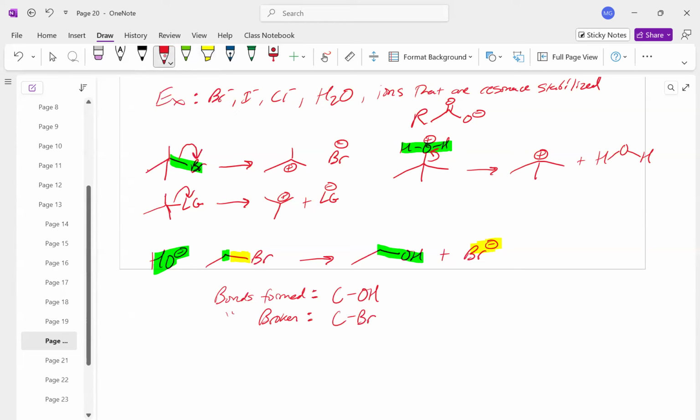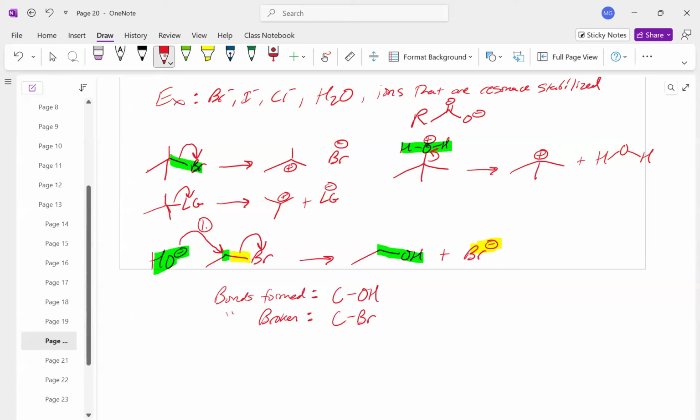So let's deal with the bond forming part of this. I'm going to use the electrons of oxygen to make a bond to that carbon. Can I leave it like that? If I did, I would violate the octet rule for carbon. So I have to break this bond and move those electrons back to bromine. Look at this first arrow. I'm going to call it number one.